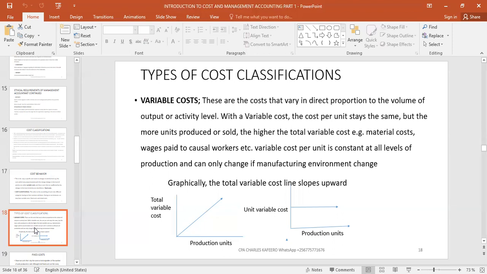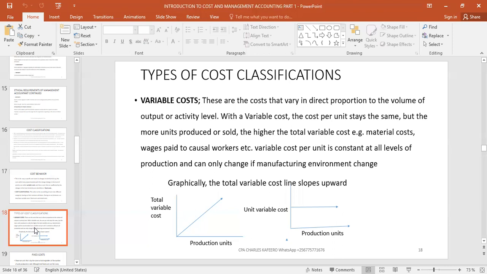Graphically, we can illustrate this as the total cost. The total cost curve slopes upwards. Why? Because we said as the output increases, we are expecting the costs to also increase, but they are increasing in a proportionate way.